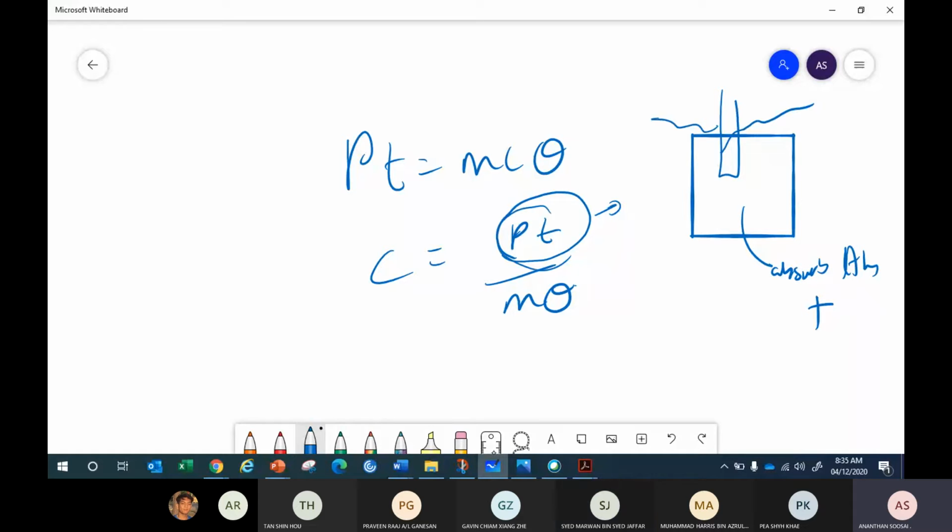This Pt is energy absorbed by the aluminium plus the surrounding. The Pt is overestimated, because the energy absorbed should be smaller, as we don't know how much energy is lost to the surrounding. So therefore c will be overestimated.